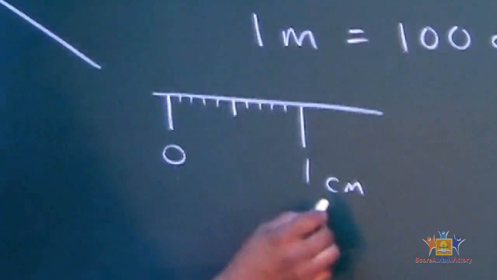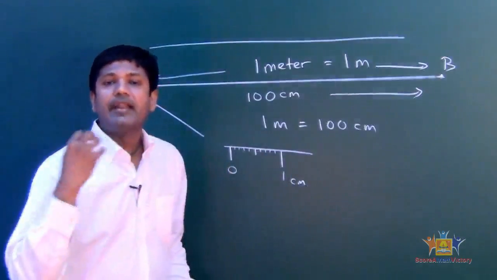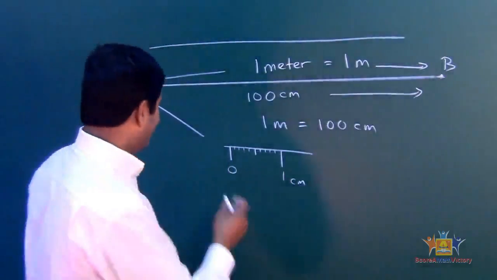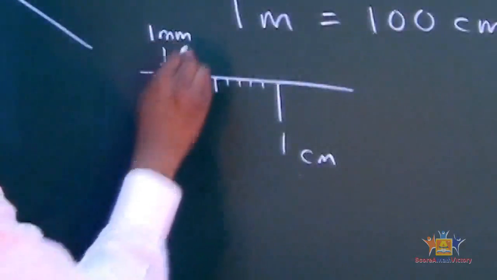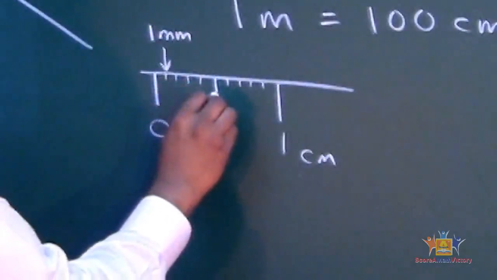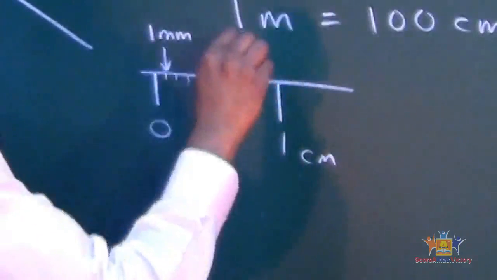From 0 to 1 centimeter, there are 10 parts scaled, and each part represents 1 millimeter. See that? So this is 1 millimeter, and this is 2 millimeters, 3 millimeters, 4 millimeters, 5 millimeters, 6 millimeters, 7 millimeters, 8 millimeters, 9 millimeters, 10 millimeters.